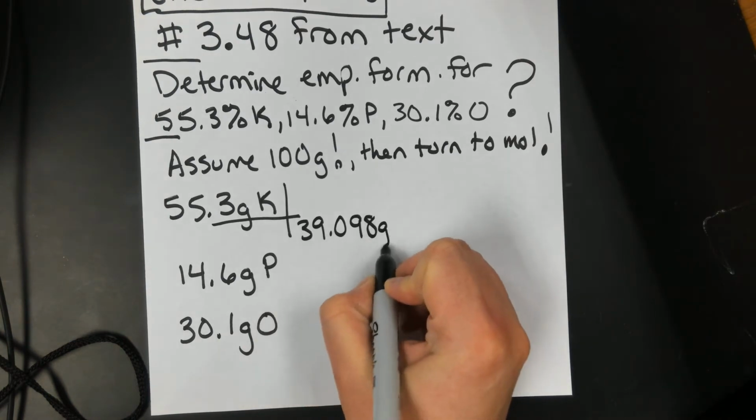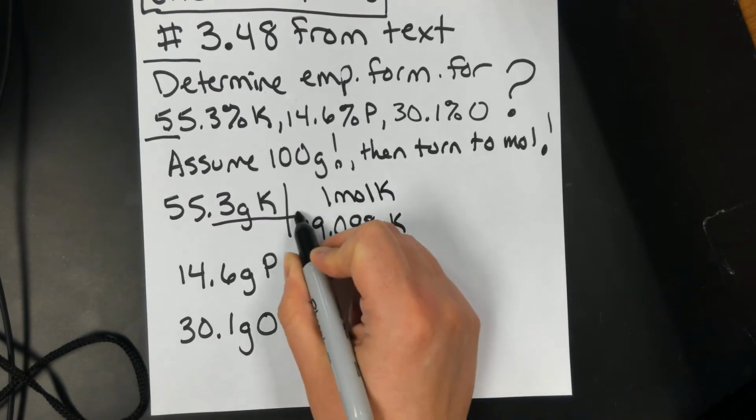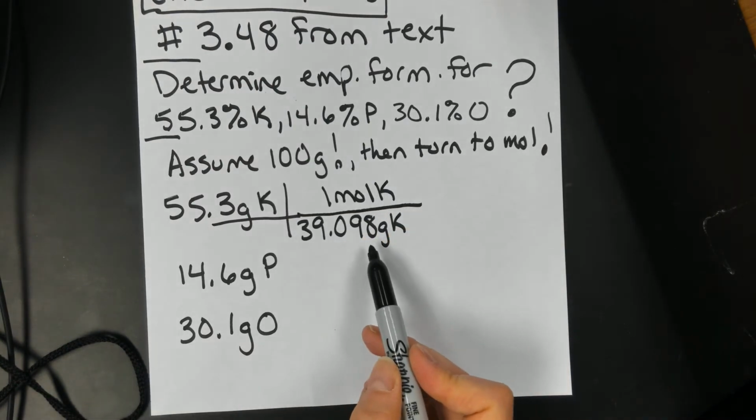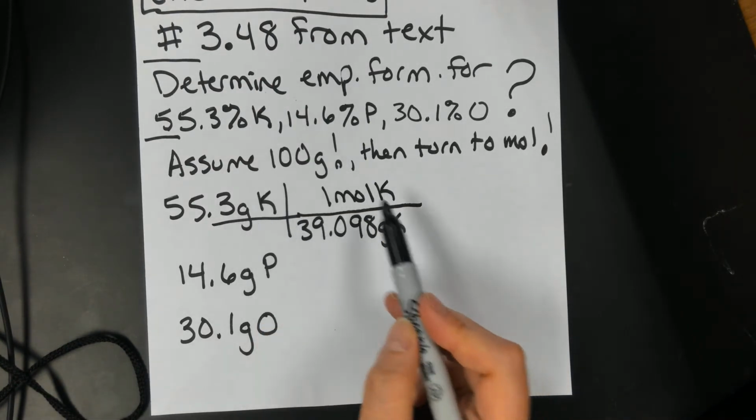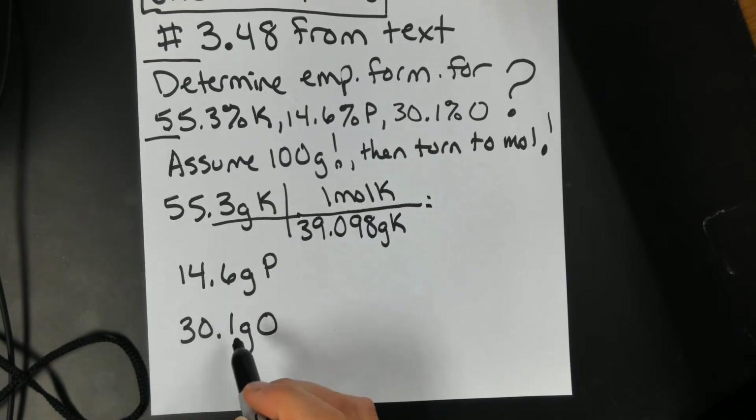So it's 39.098 grams of K for every 1 mole of K, right? And I put the grams on the bottom because they're going to cancel out with these grams, and I'm left with moles of potassium. We're going to have to do the same for phosphorus and for oxygen.